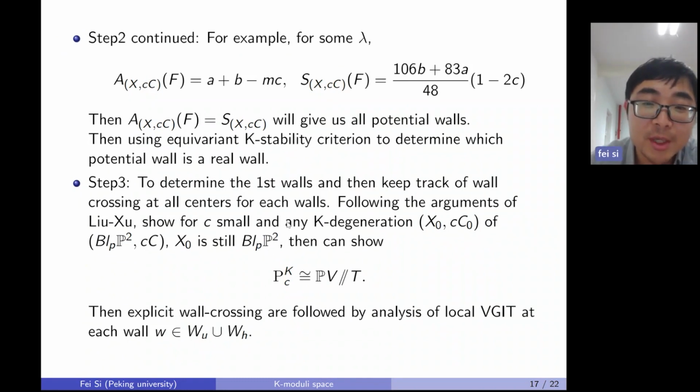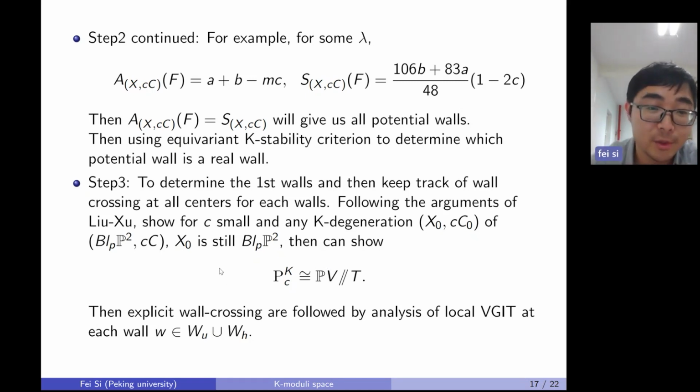That is, you need to show the blowup of P(1,1,4) will appear later than 1/14, our first wall. Then you can use the arguments of Liu and Xu in their proof that the K-moduli space of cubic threefolds is isomorphic to the GIT moduli space. Then using their arguments, you can show our K-moduli space after the first wall is isomorphic to this GIT space.